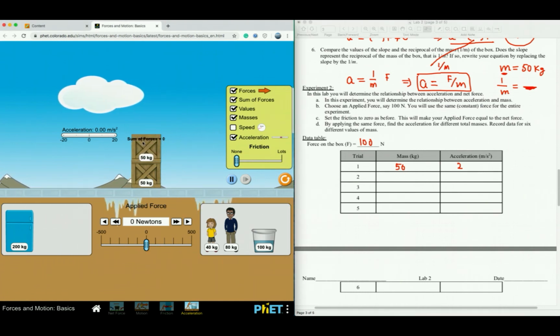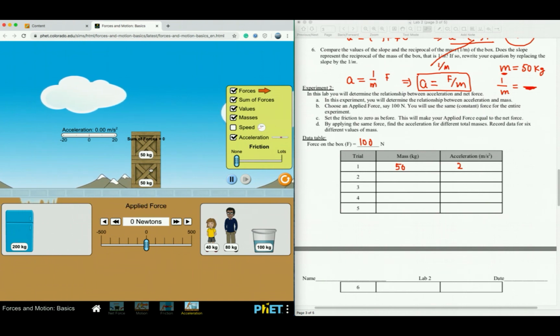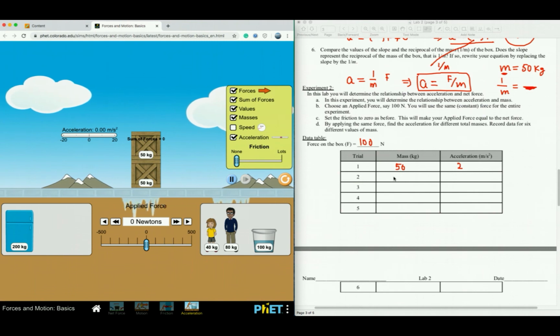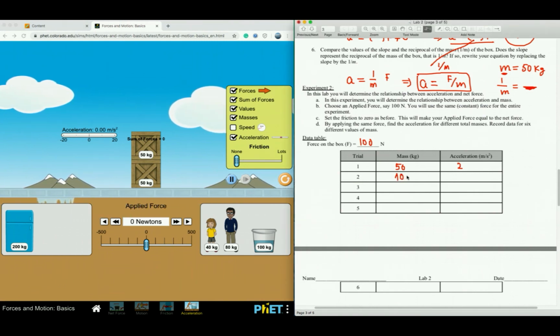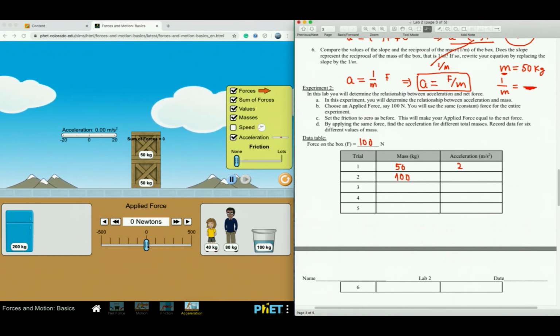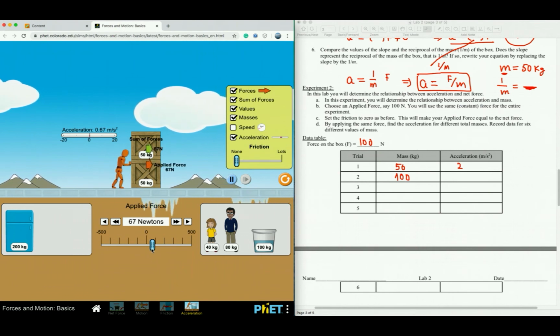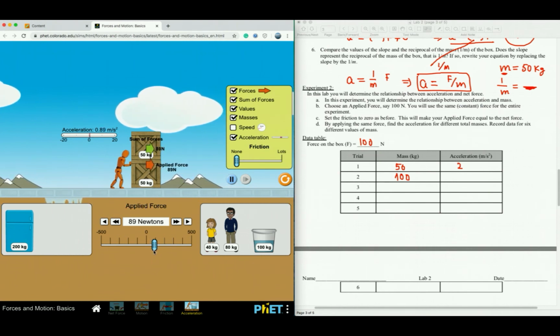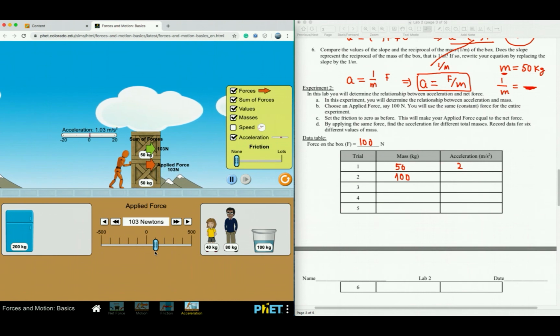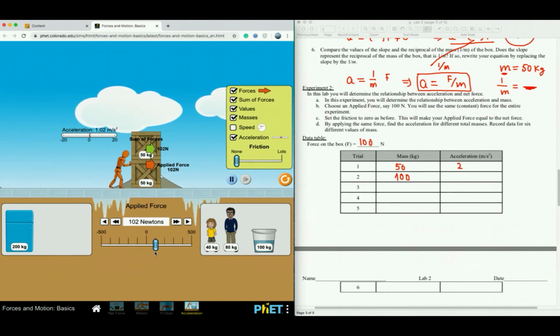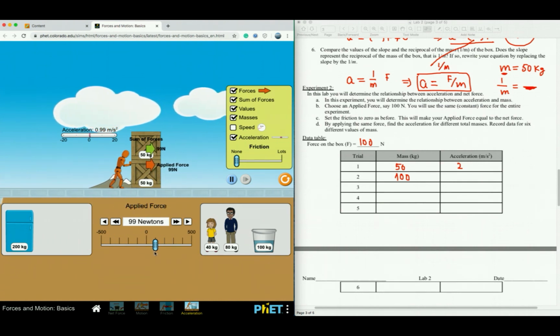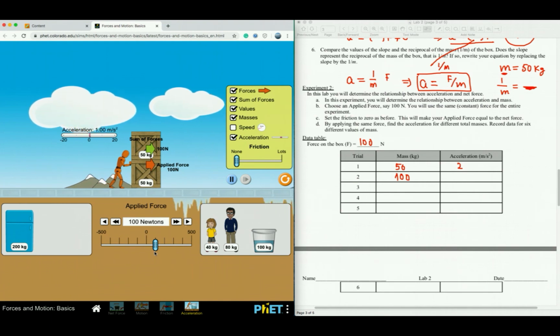Okay, so this time we want 50 plus 50, 100 kilogram mass. Okay, and then apply the same force, 100 newton, and then see what the acceleration is.